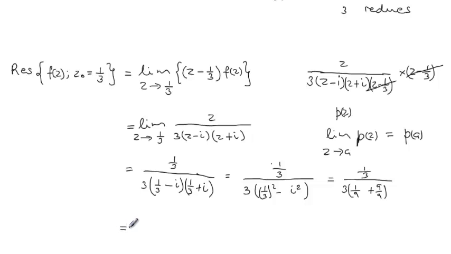And simplifying there, the 1/3 over 3 gives us 1/(3 times 3), which is 1/9, multiplied by 1/9 plus 1, which is 10/9.